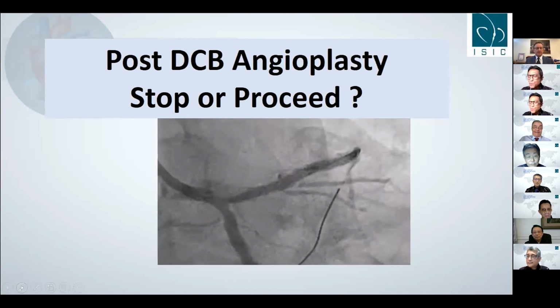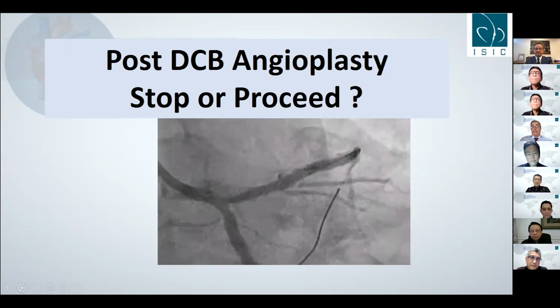We proceed to Dr. Fauzi for the truth, to see what was decided. At that time, we considered this a suboptimal result after DCB. And as Professor Friend said, there is a very amazing ostial circumflex.